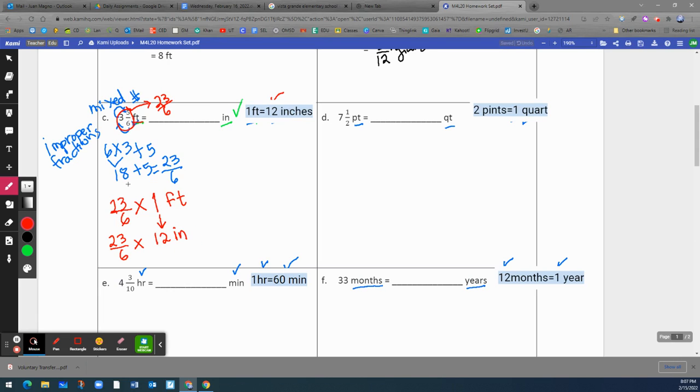Now remember, whole numbers always have a 1 below them, so we have to use this strategy to be able to multiply numerator times numerator and denominator times denominator. So we're going to multiply the 2 first, which is 2 ones. 2 times 3 equals 6, and 2 times 2 equals 4.